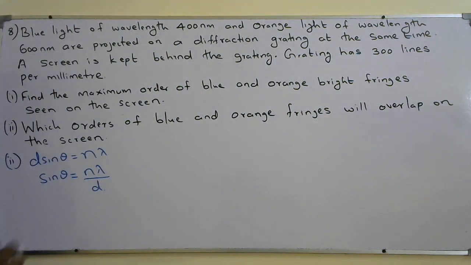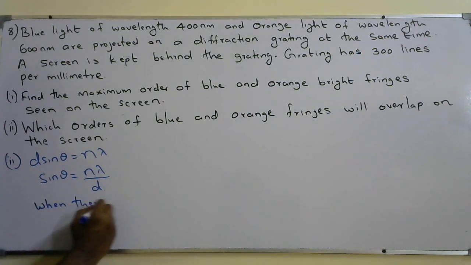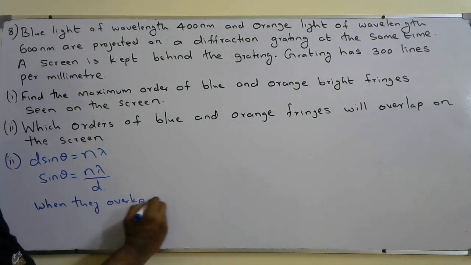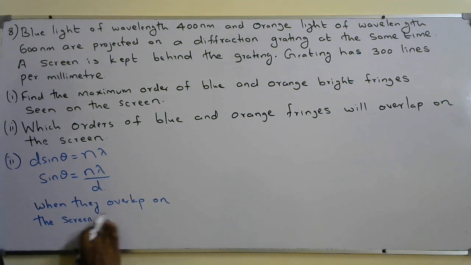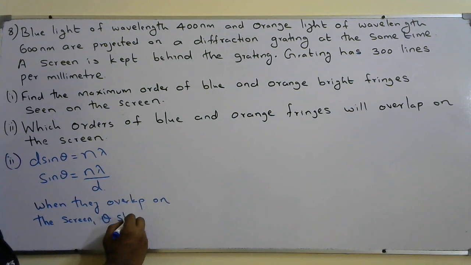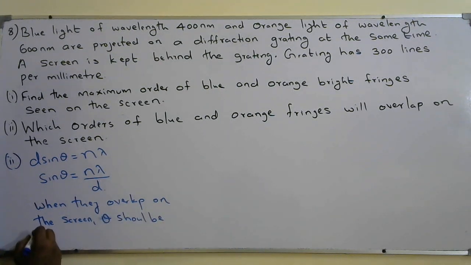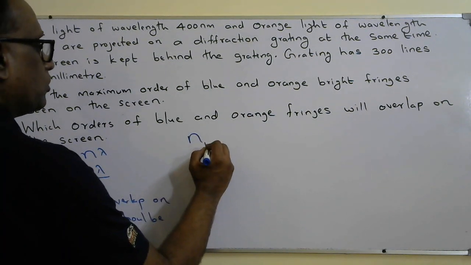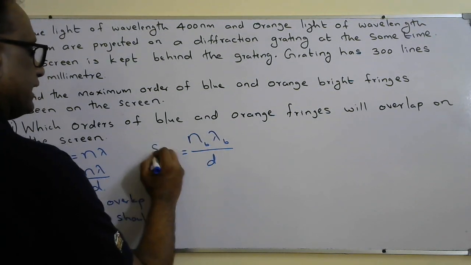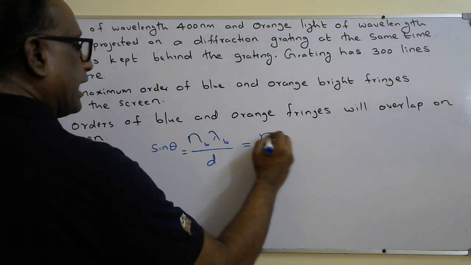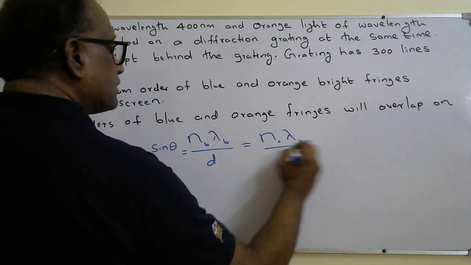So when blue and orange overlap on the screen, theta should be the same for both orders. So n blue lambda blue over d, this is sine theta, equals n orange lambda orange over d.